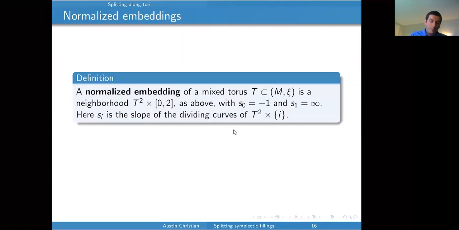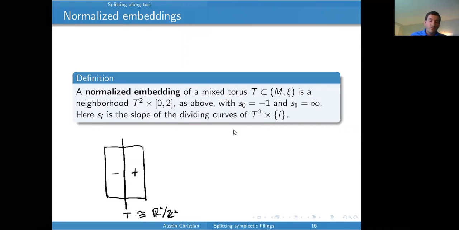So remember, a mixed torus is sandwiched between 2 basic slices. And these basic slices have some slopes for their dividing curves once we identify T with R2 mod Z2. I think in our example in talk 2, they'll be given by -2, -3, and -10/3.